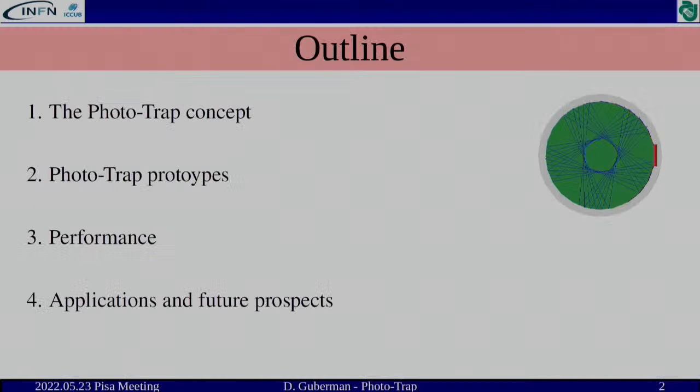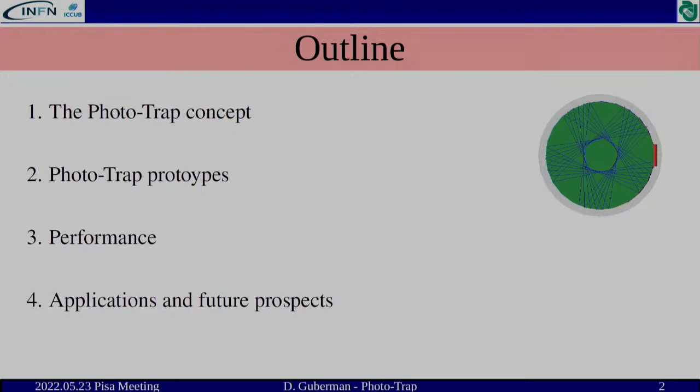During this talk, I will first introduce the motivation for developing PhotoTrap and the concept of PhotoTrap itself, then present the prototypes we built and the laboratory measurements we made, and then discuss the performance we obtained. And if I arrive on time, which I hope so, I will give a very brief overview of the applications in which I think a solution like this could have some impact.